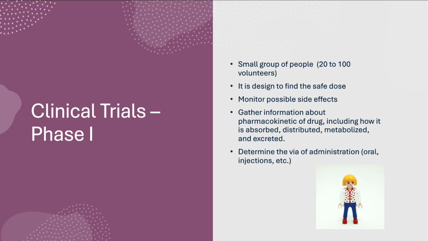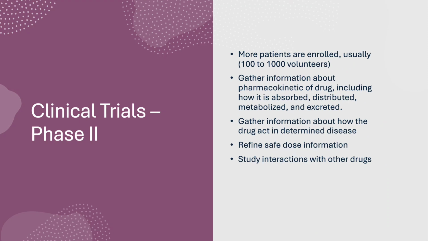The focus is on safety, determining the right dosage, and possible side effects. If the drug meets the criteria, we go to phase 2, where we have more patients enrolled. The focus is on the drug's effectiveness and side effects.